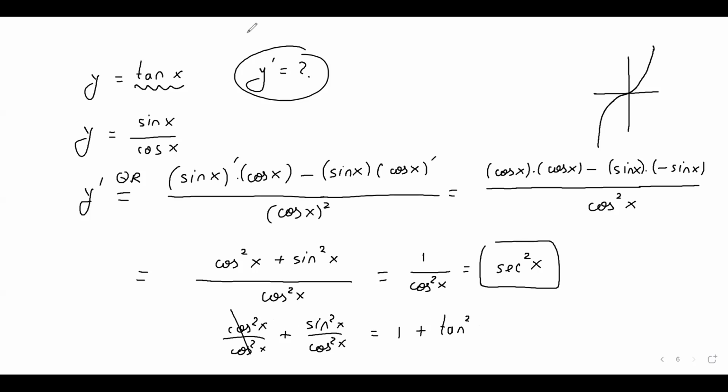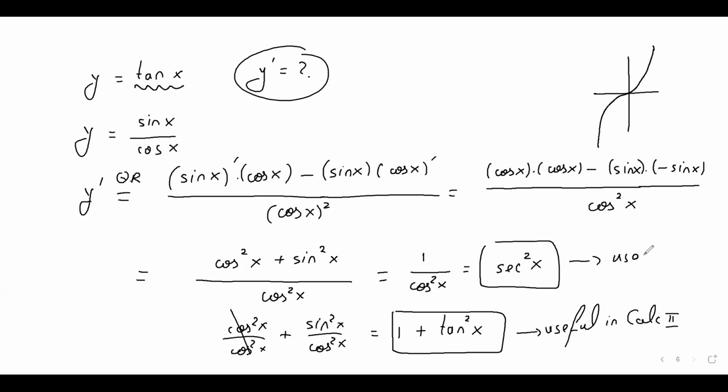All right, so this is another formula that's going to be useful in Calc 2. This one is used in Calc 1. So that's different uses for the two formulas. You could use this here, but it's a bit more cumbersome. So people usually come back to this one.